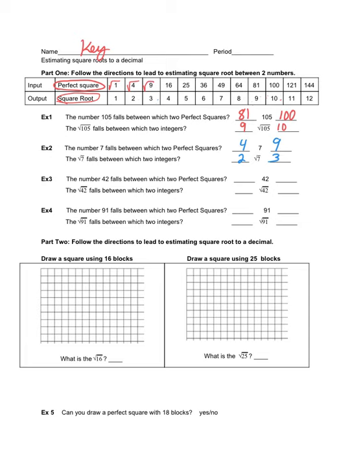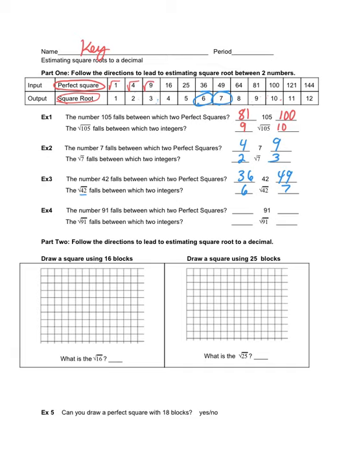Example 3, the number 42 falls between which two perfect squares? Again, we're going to look at our input, and 42 falls between 36 and 49. Then the square root of 42, so you're looking at the output, falls between what two integers? 6 and 7.